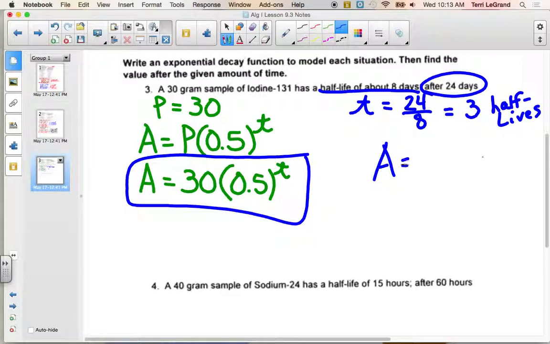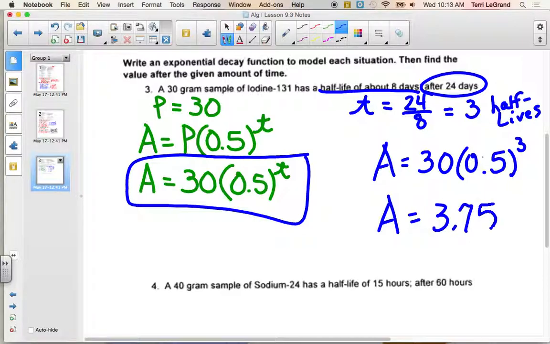So now we go into our model. A equals 30 times 0.5 to the 3rd power. That's how many times it's going to be cut in half. And these we don't round unless the decimal just goes on forever. Usually they'll tell you what they want you to round it to. Typically these we just leave as the decimal we get. So what do we get for this one? 3.75.